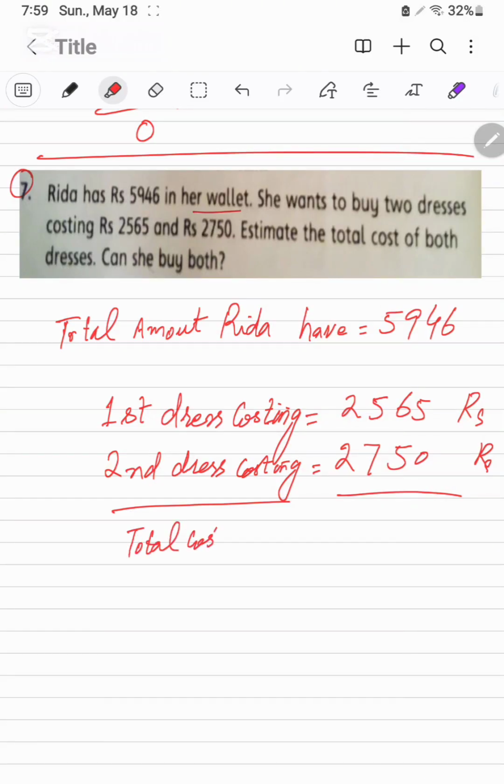Total cost of two dresses. Two dresses cost. We will add this one.